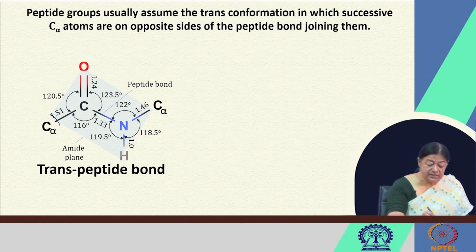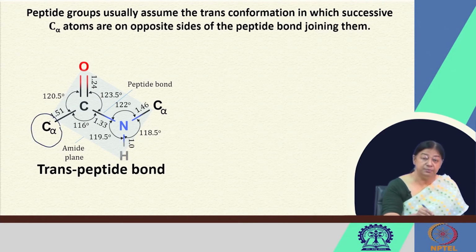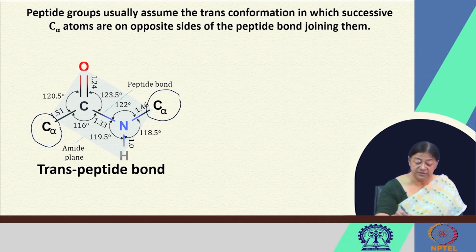So, here is our alpha carbon of the previous amino acid, here is the alpha carbon of the subsequent amino acid, and we see them on opposite sides of the peptide bond.